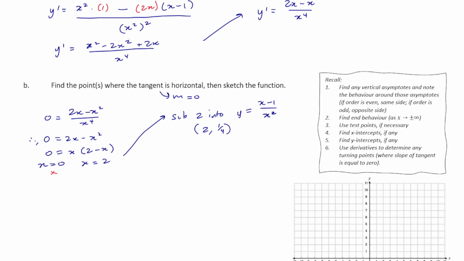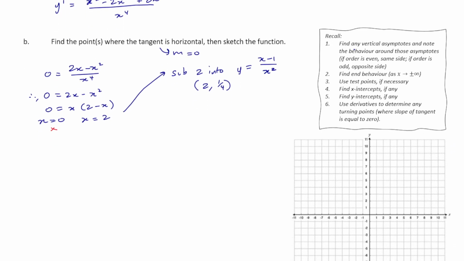Okay, it says graph the function as well, so we've got some steps here on how to graph a rational function. We can find any vertical asymptotes, so the first thing I'm going to do is vertical asymptotes. And my vertical asymptote is going to be at x is equal to 0. I've already established that by looking at the original equation. x can't be equal to 0. But because it is even, it's going to approach infinity, either positive infinity or negative infinity, symmetrically, which means on the same side.